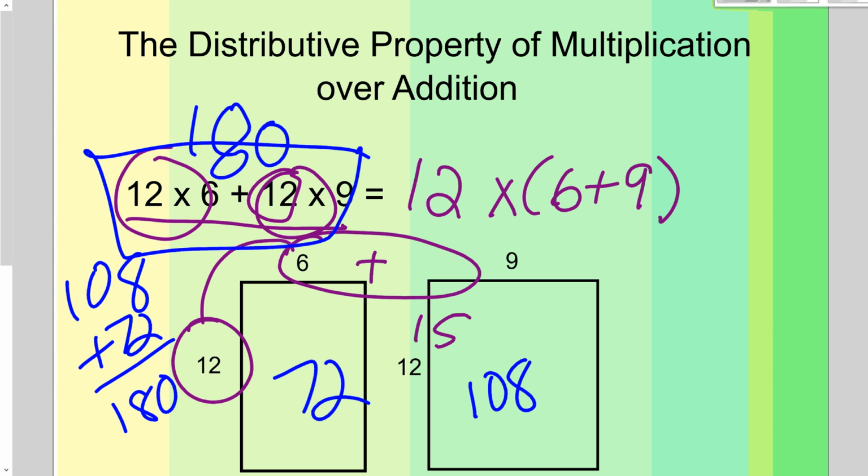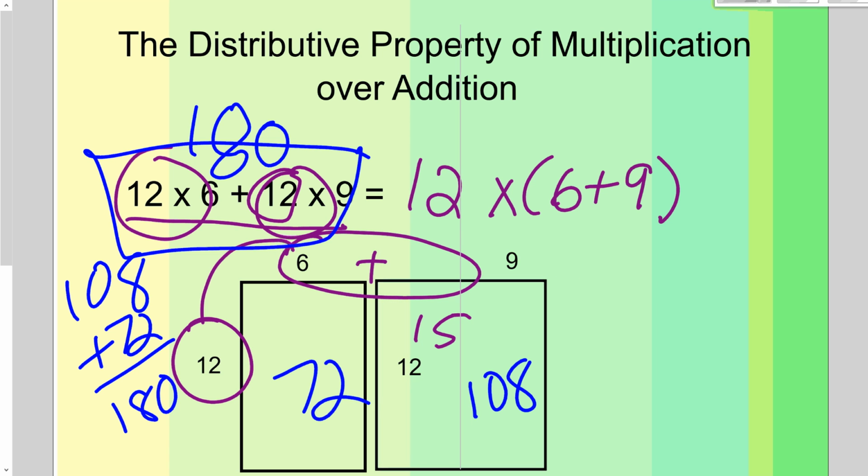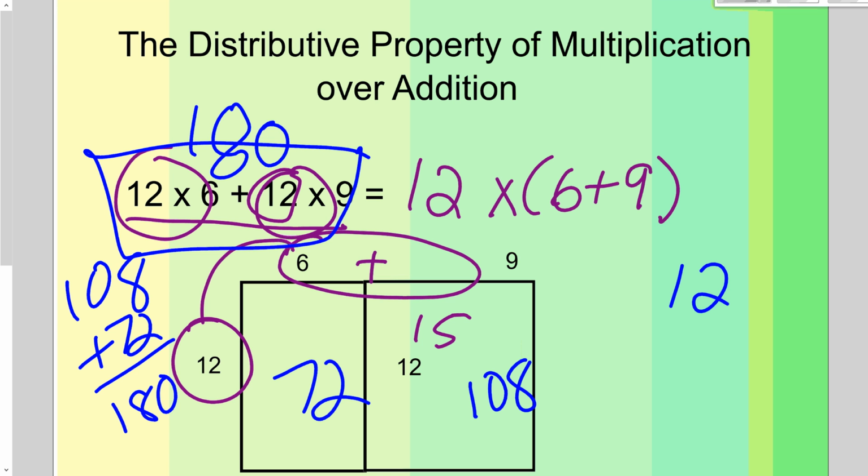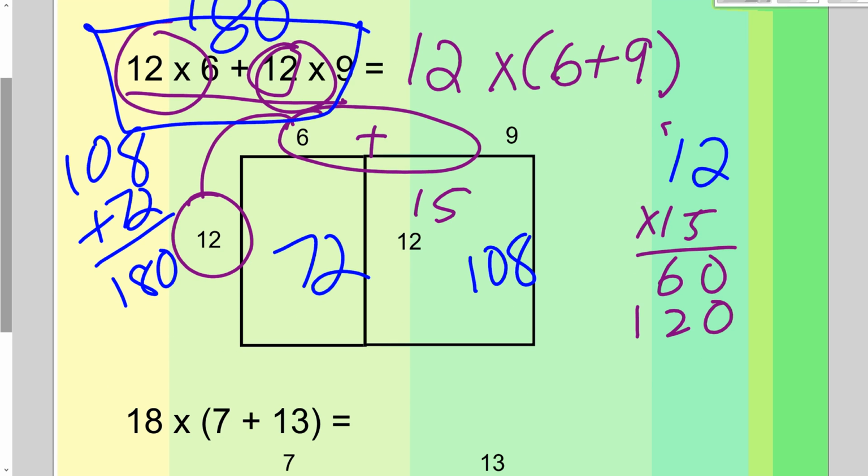Now, when we put them together and we see it as 12 times 15, well, let's figure out what 12 times 15 is. 5 times 2 is 10, 5 times 1 plus 1 is 6, 1 times 2 and 1 times 1. And then when we do this addition, we get 180.